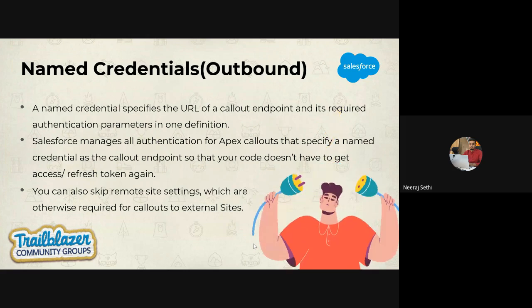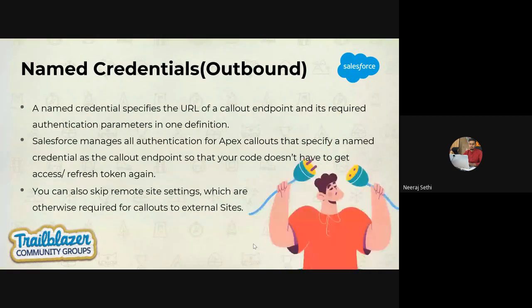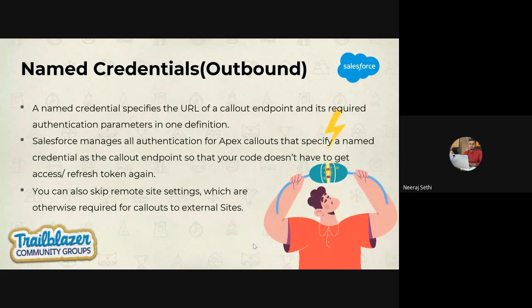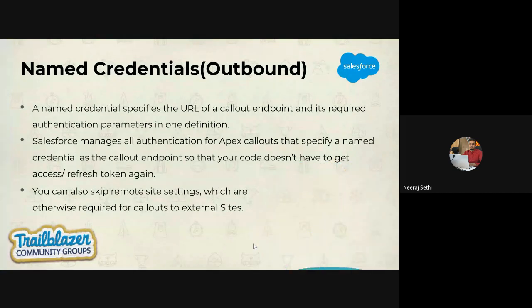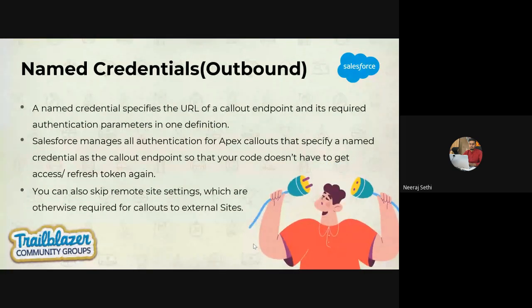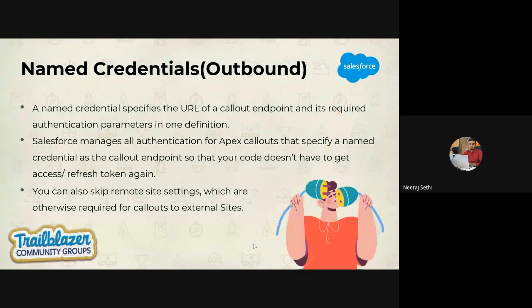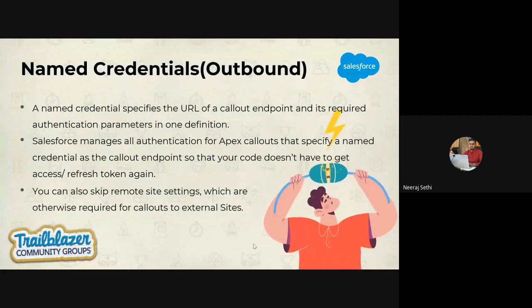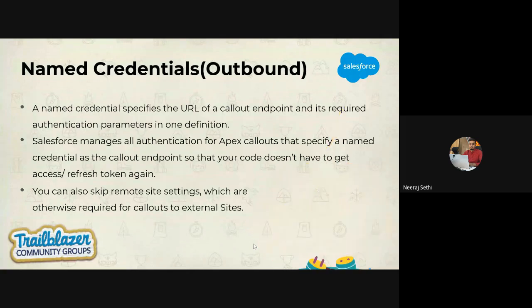If you implement it in code, you need to get the access token and refresh token again and again. So Salesforce introduced name credentials. A name credential manages the access token and refresh token and provides you a name. Based on that name, you can easily do a callout without using the refresh token and access token. That is the power of name credential. Does anyone have any doubt here?